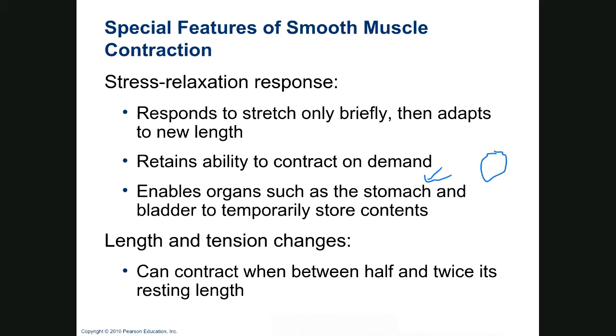I'm so full. And then in just a little while, the muscle will just relax and stretch. And then you can eat more food because the stomach is so much bigger. And that's a lot of our problems. Now, the length and tension changes: smooth muscle can contract between half and twice its resting length.